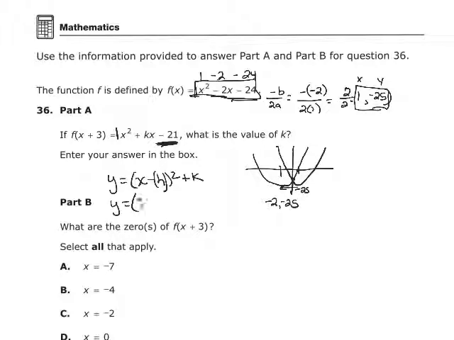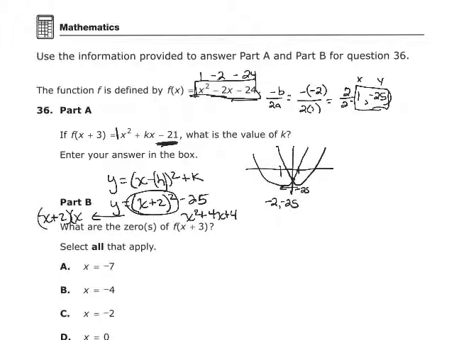Y equals x plus 2 squared minus 25. And then you're going to run this math. So x plus 2 squared is x squared plus 4x plus 4. I just foiled this x plus 2. Real quick, I'm losing time here.